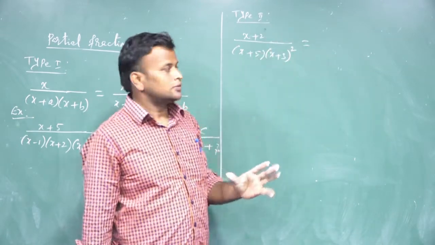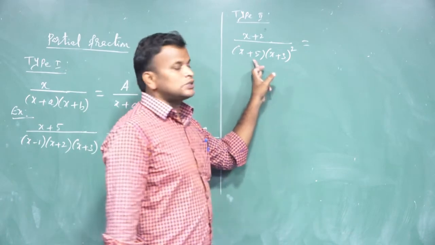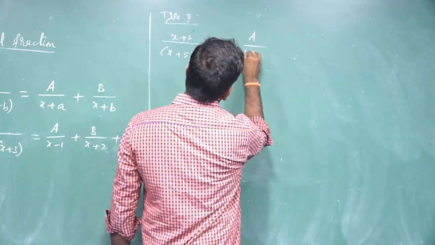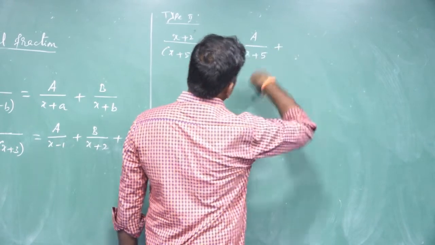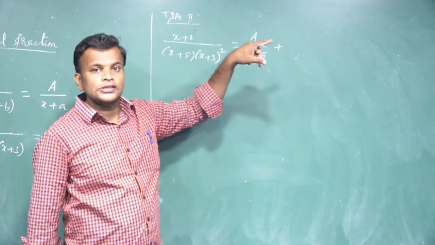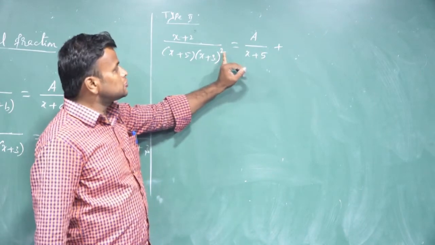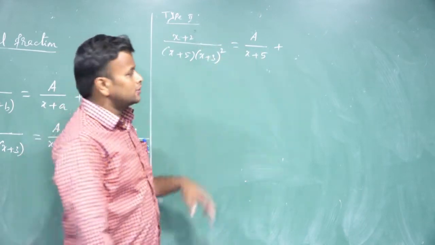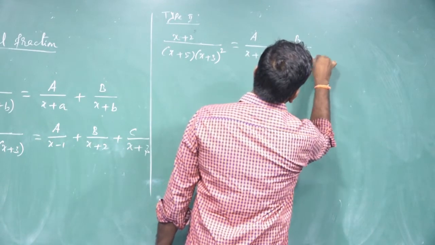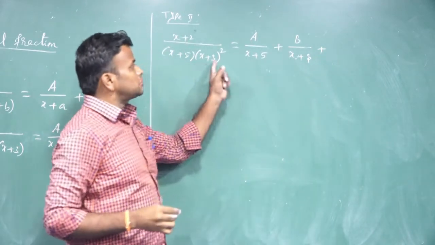How to write? First, one individual factor is x plus 5. So we write a divided by x plus 5, plus, second, x plus 3 the whole square is there. So first we leave this power, we add one constant b divided by x plus 3. Okay, x plus 3 the whole square.